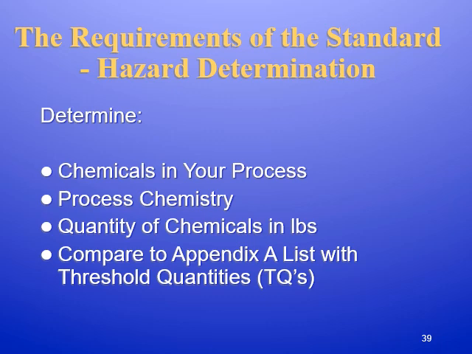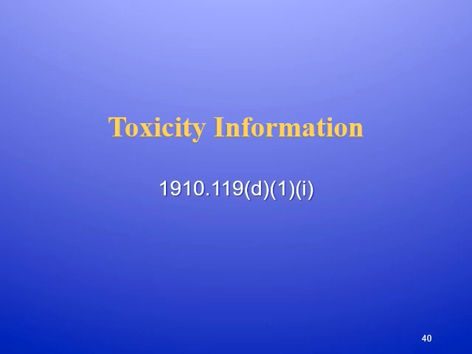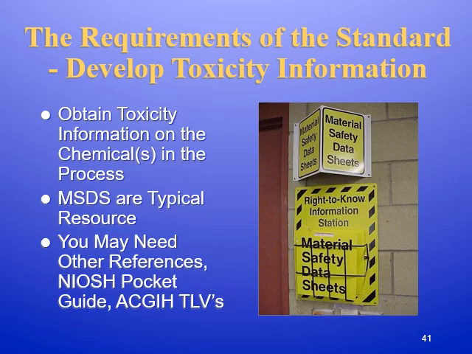You compare that to threshold quantities, the TQs. You also need to know toxicity information, information from SDSs or MSDSs. You can use other references like the NIOSH Pocket Guide, the American Conference of Governmental Industrial Hygienists Threshold Limit Values, which we talked about. Basically, that's our PEL for us.